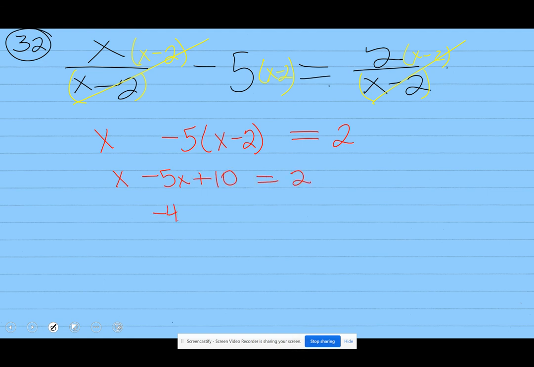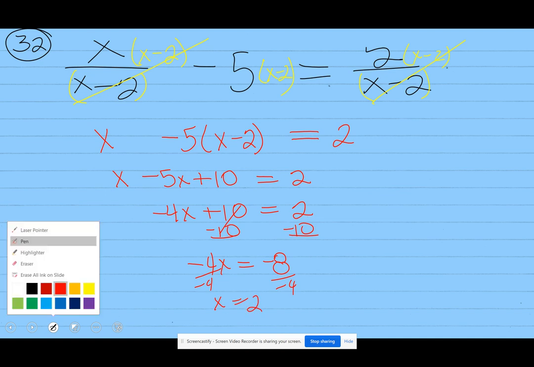I'll be a negative 4x plus 10 equal 2. Subtract 10 on both sides. I get a negative 4x equal negative 8. Divide by negative 4. I get x is equal to 2.